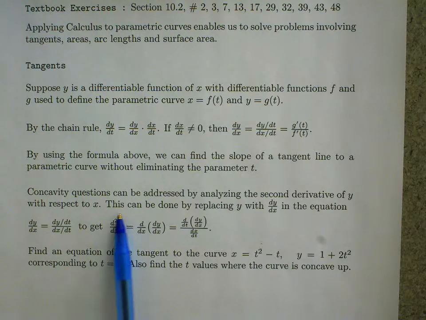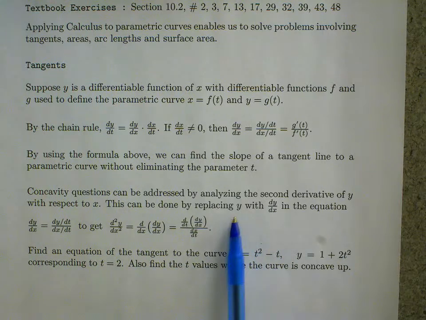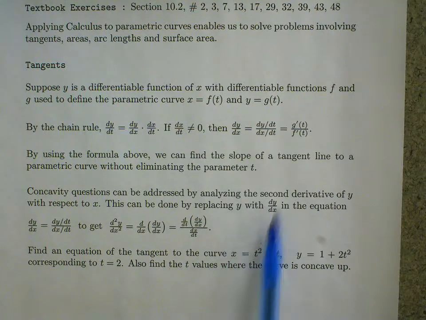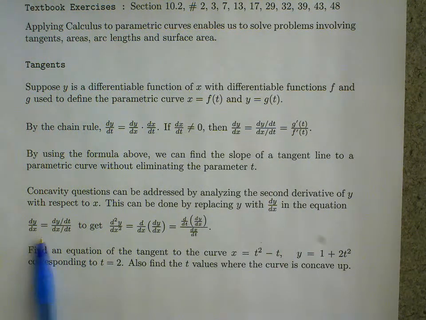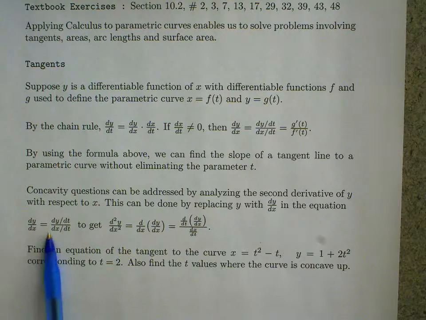So we can find the second derivative of y with respect to x if we replace y with dy dx in the equation that we see above. So this is the equation that we saw above for the derivative of y with respect to x. It's equal to dy dt over dx dt.